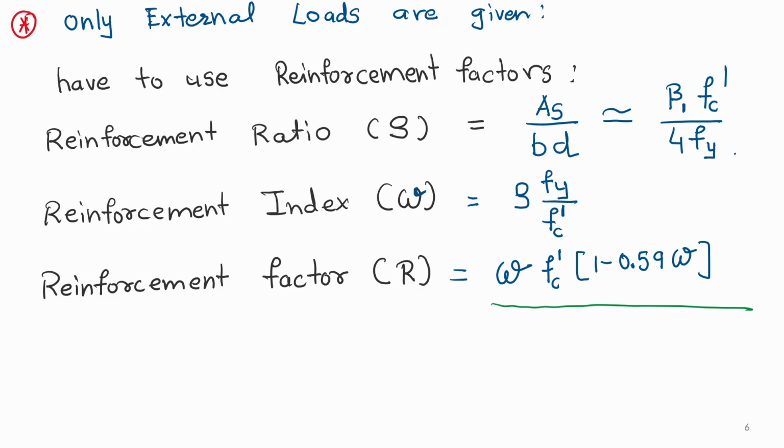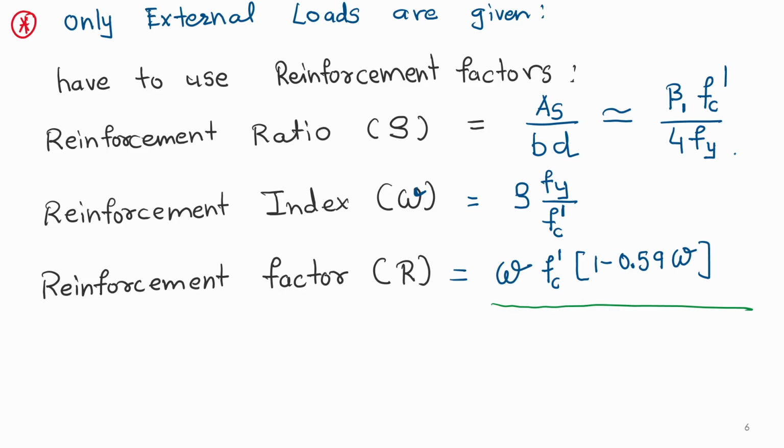If we have only external loads, we need to use reinforcement factors. The reinforcement ratio is the area of steel over b times d. Then for a singly reinforced concrete section, we are using beta 1 f'c over phi times Fy. For doubly reinforced, it will instead be 3 times Fy.